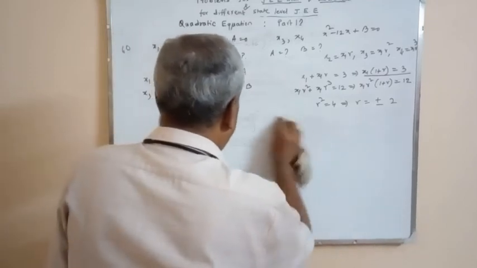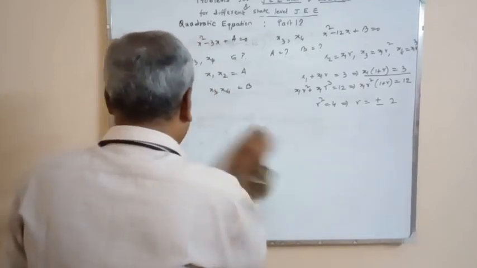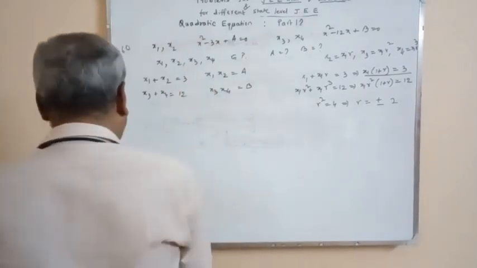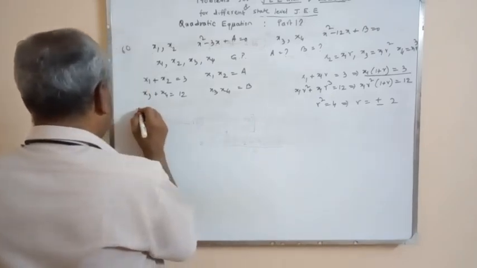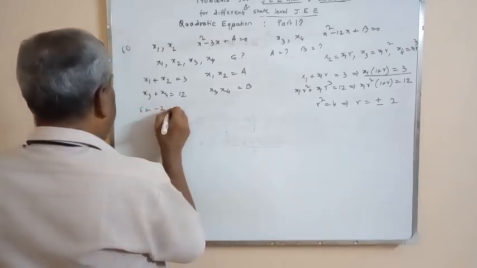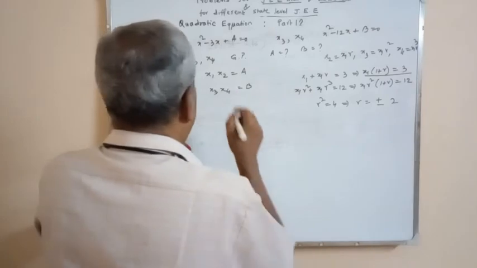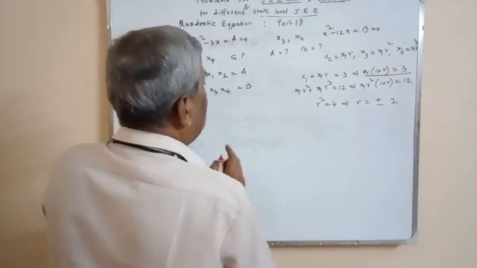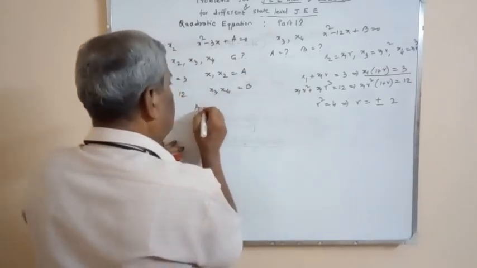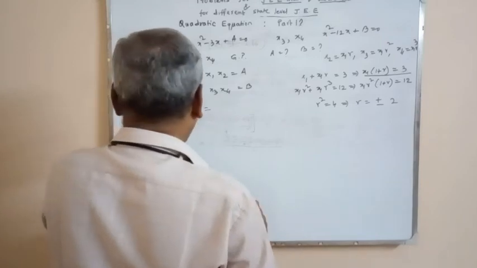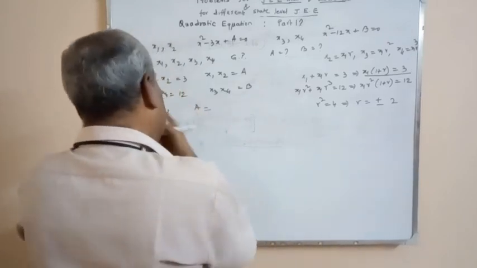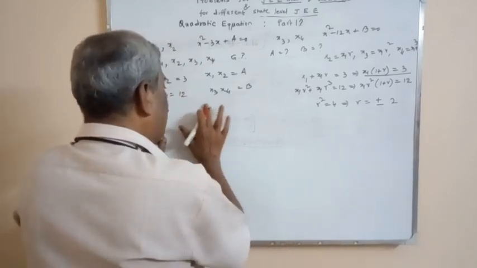Taking r is equal to minus 2, a is equal to x1. Before that I have to find x1 first.